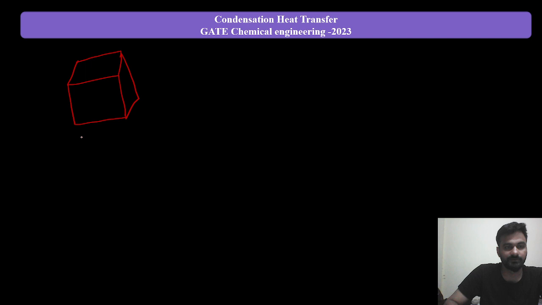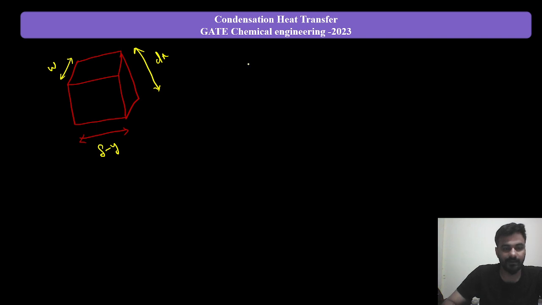So this length was delta minus y, this length was dx, and this length was w.